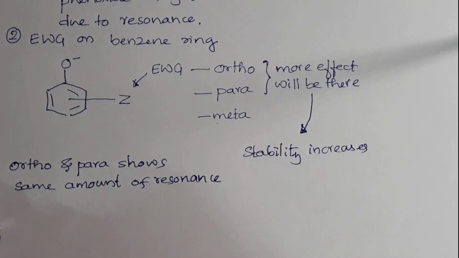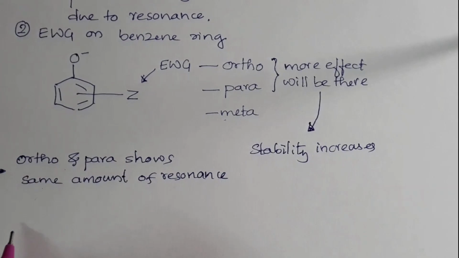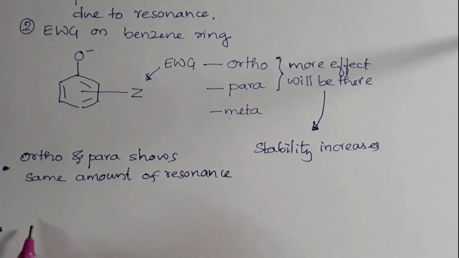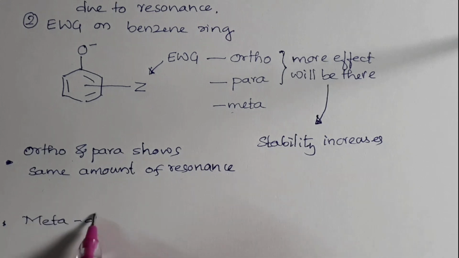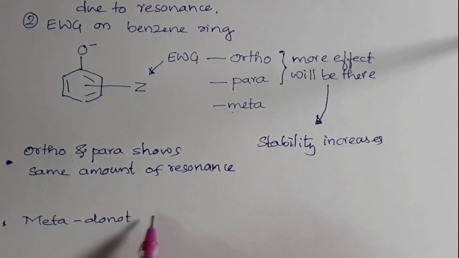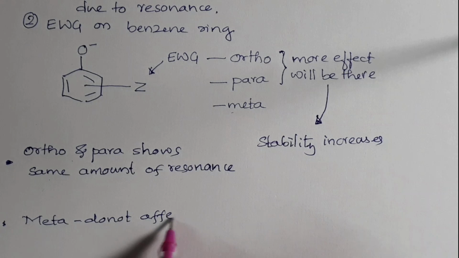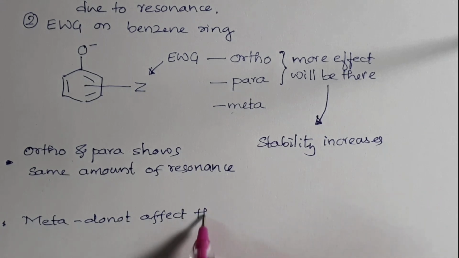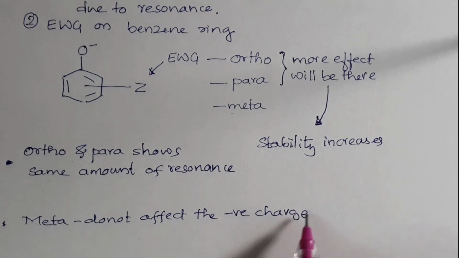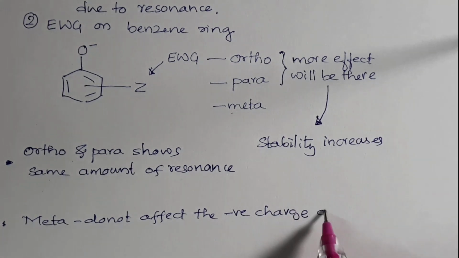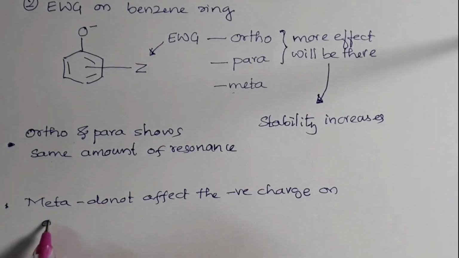So meta does not affect the negative charge on oxygen by resonance.